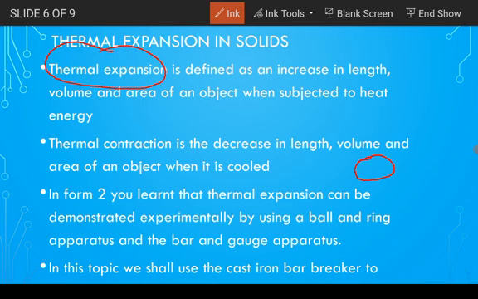And then you have a ball, which is allowed to enter the opening of the ring. This is a ball. You encountered this in Form 2, in the same topic, thermal expansion. And then you have a ring.